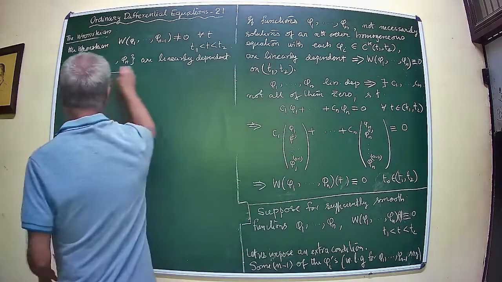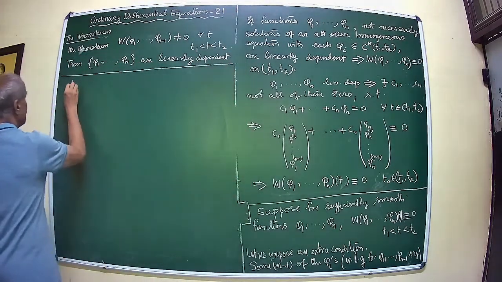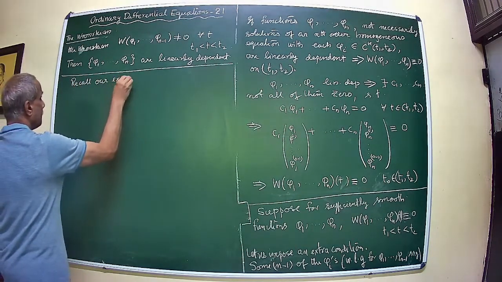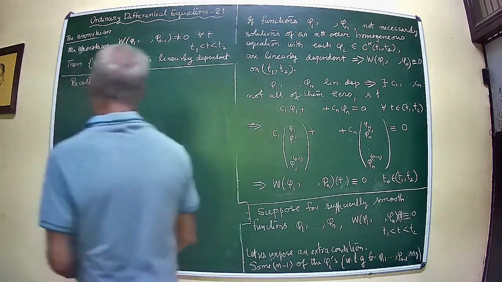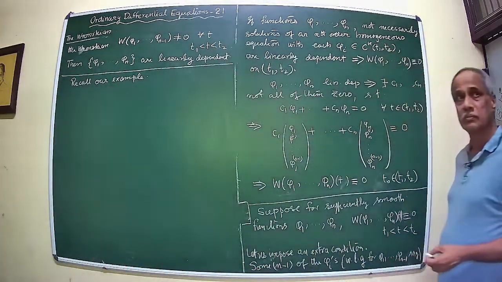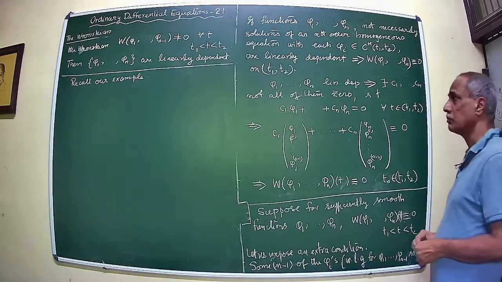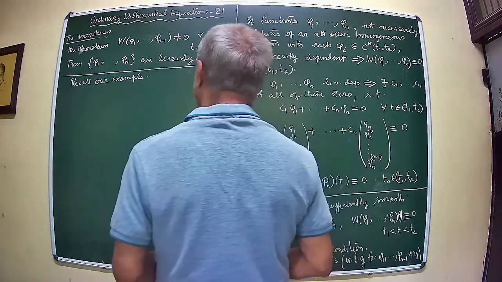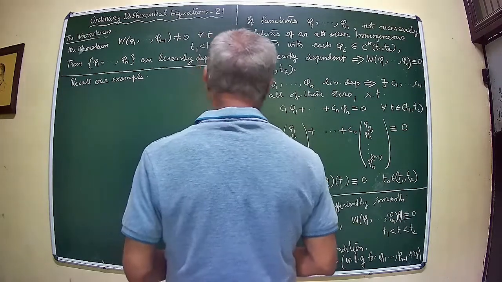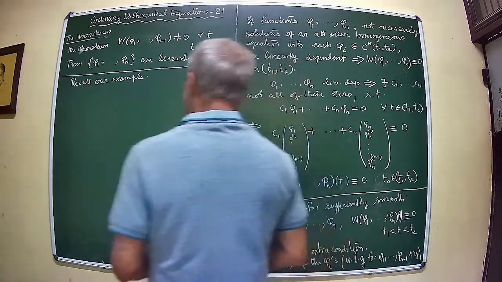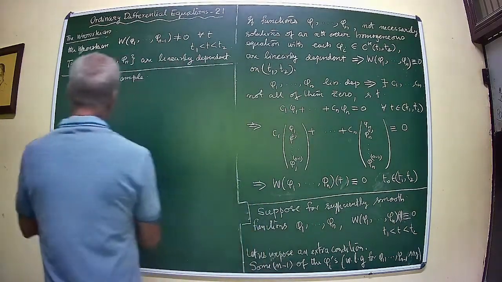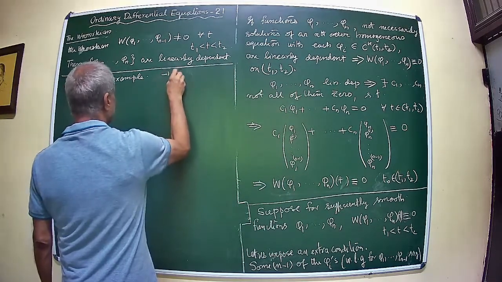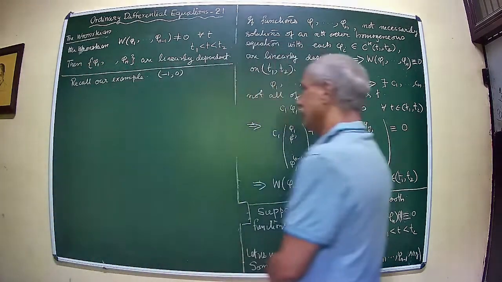Okay, let us go back to our example. Now consider the interval minus 1, 0, that is t1, t2.